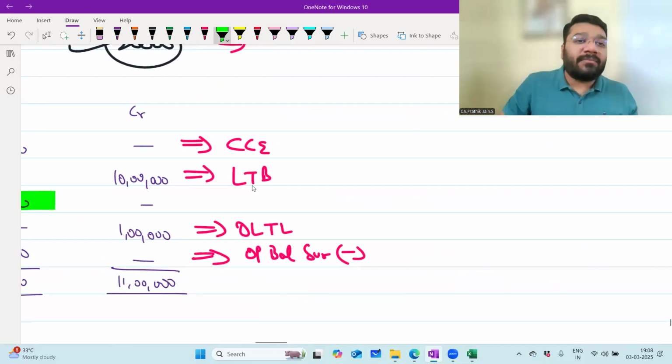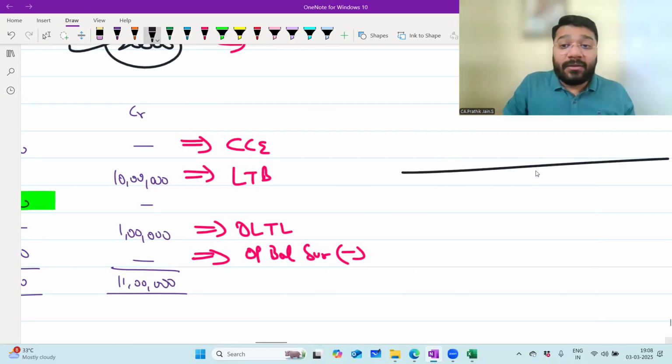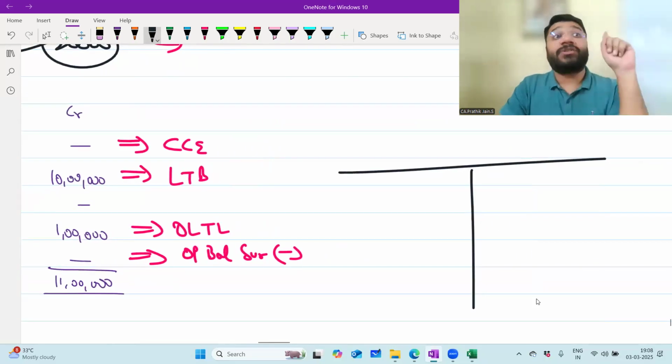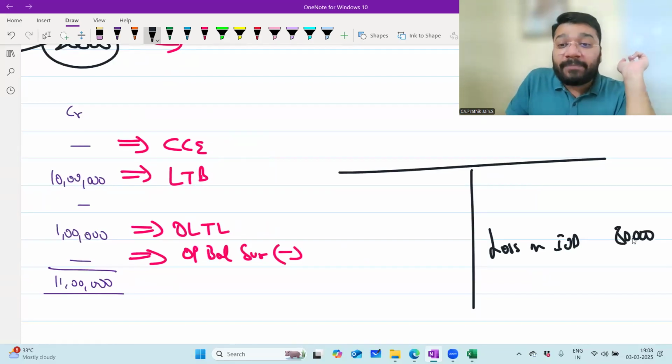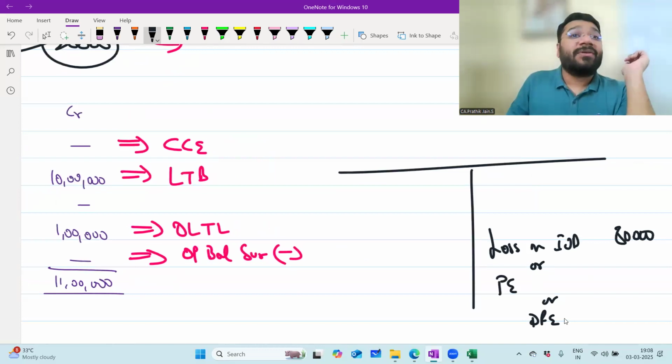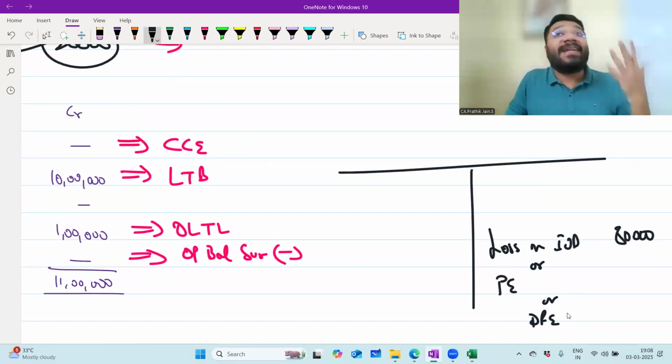So if I prepare a balance sheet in the older format, this used to appear in the case of sole proprietorship concern and partnership concern, loss on issue of debenture. How much? 80,000. Similar item, preliminary expenses or deferred revenue expenditure. So all these are items which are expenditure in nature, loss in nature.